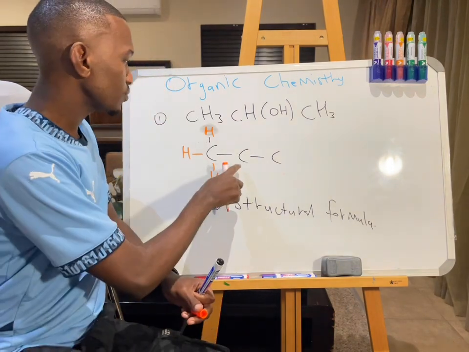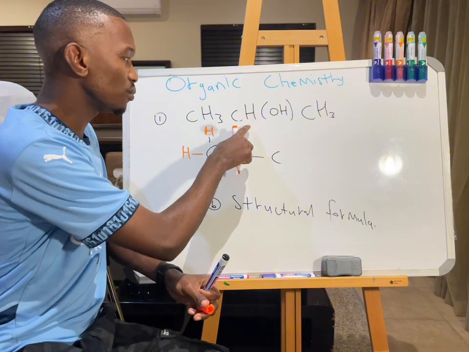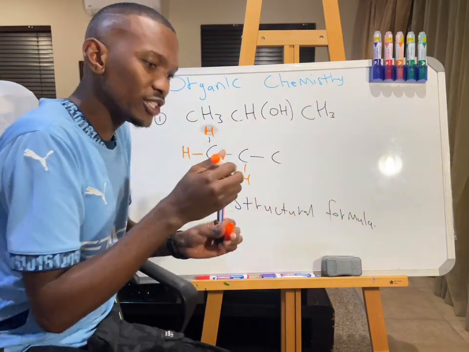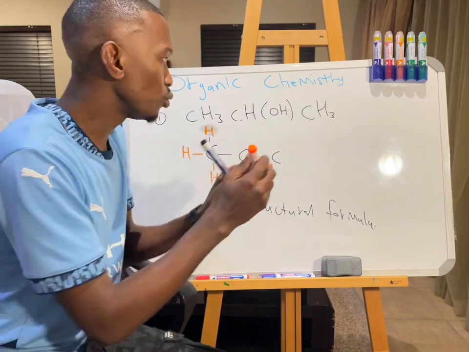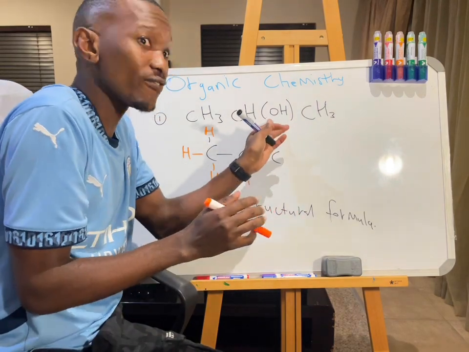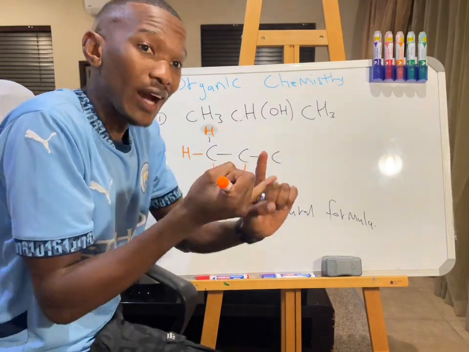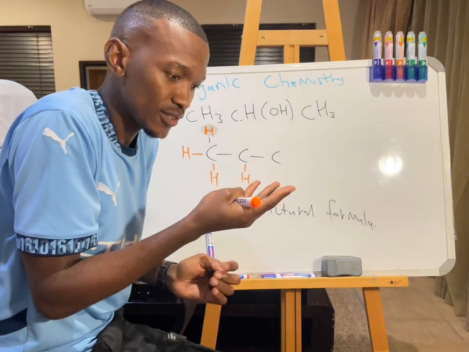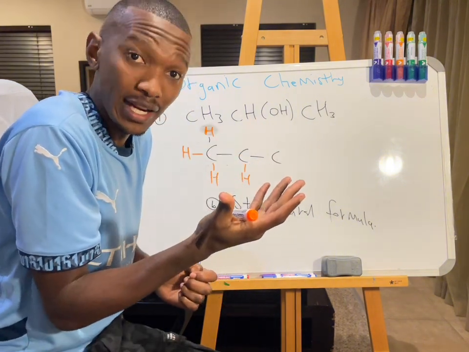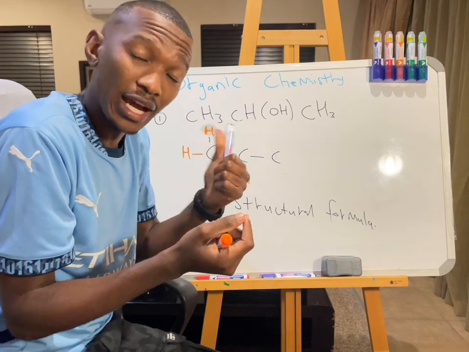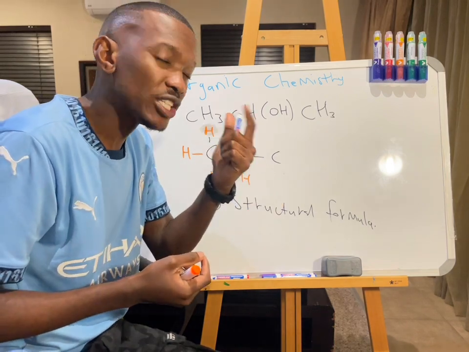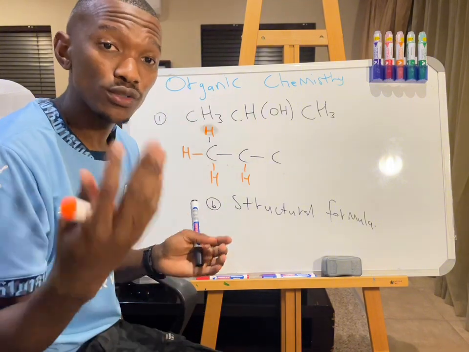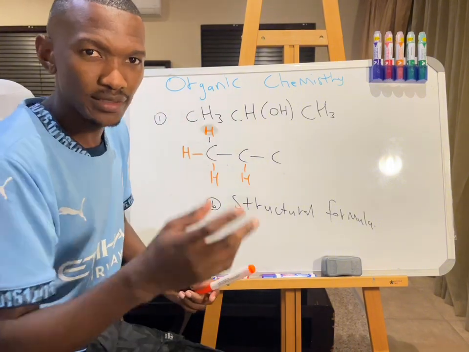Okay, so here, look at this one. How many bonds does it have? We have 1 hydrogen, but because we have the OH, the hydroxyl group, in the bracket, it shows that this is a functional group. Remember, we have alkanes, alkenes, alkynes, haloalkanes, which are halogens, and then alcohols, aldehydes and ketones, carboxylic acids, esters, ethers and so forth.